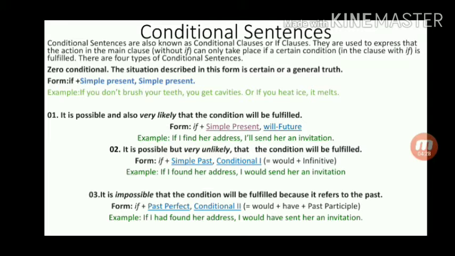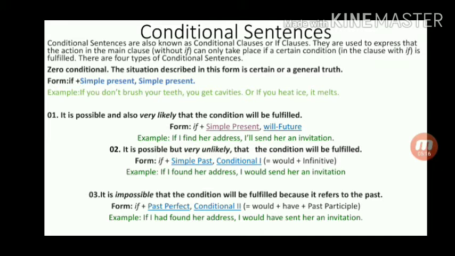Or, "If you heat ice, it melts," which is also a general truth. Or, "If I drink too much coffee, I can't sleep at night." Another example may be, "When the sun goes down, it gets dark," which is a general truth.